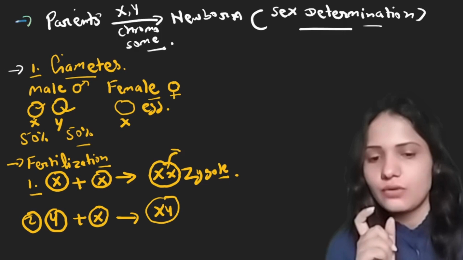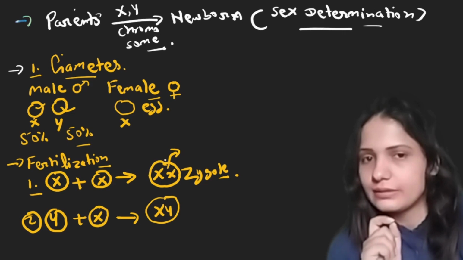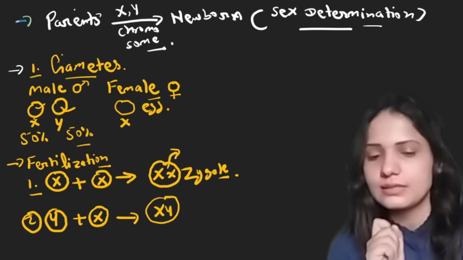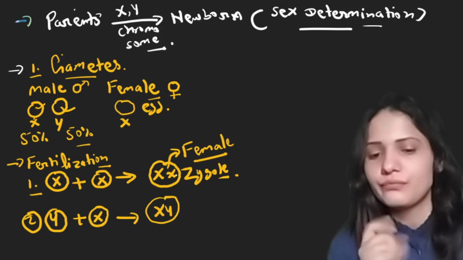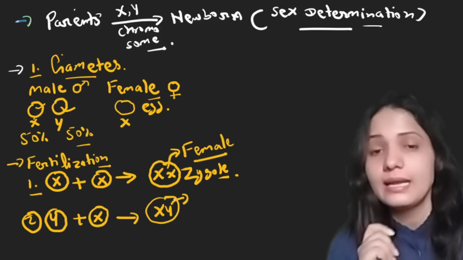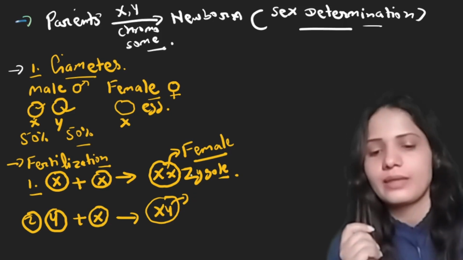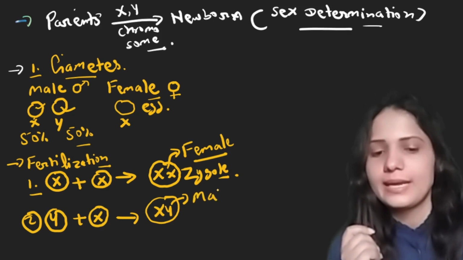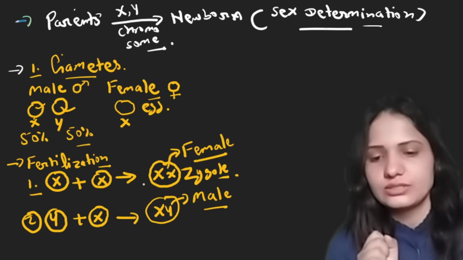This configuration of XX is the perfect pair, and the perfect pair is present in case of female. Females are always perfect. XY configuration, that is the mismatched pair, is present in case of male. So now you know how this XX condition and XY condition is generated.